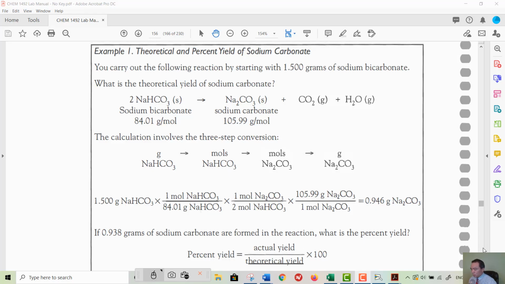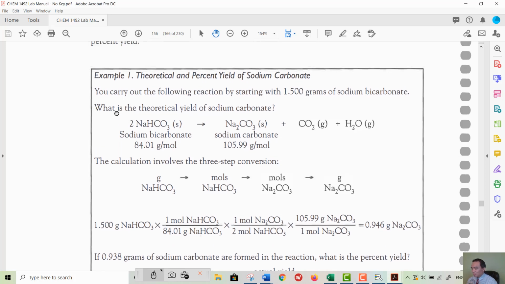Let's first look at how to calculate the theoretical yield and percent yield for the formation of sodium carbonate. We did this in the first step in the demonstration. The chemical reaction that is involved in this process is listed over here.